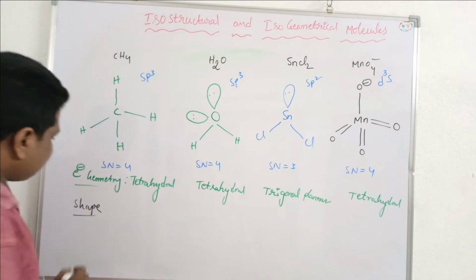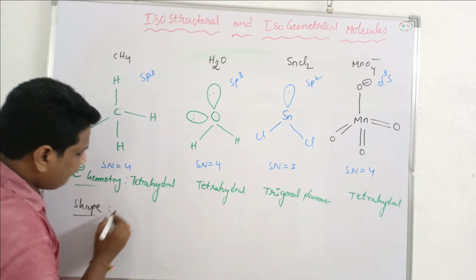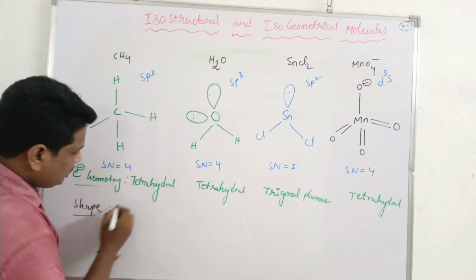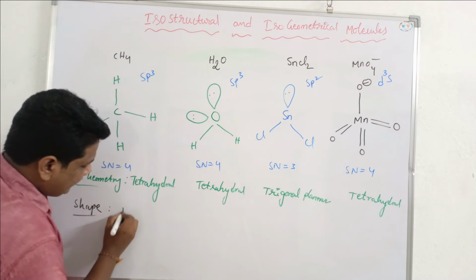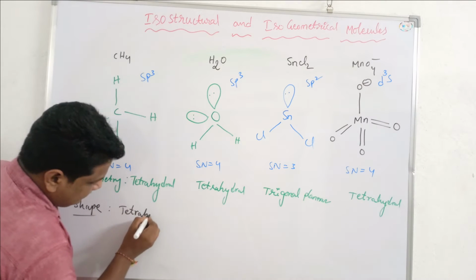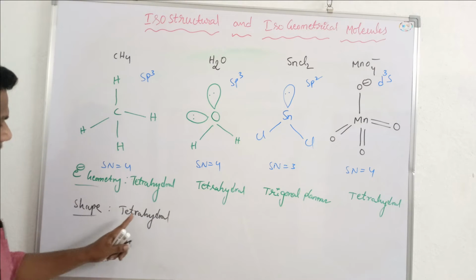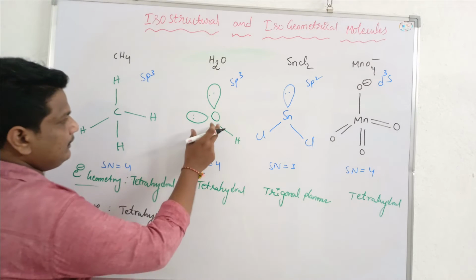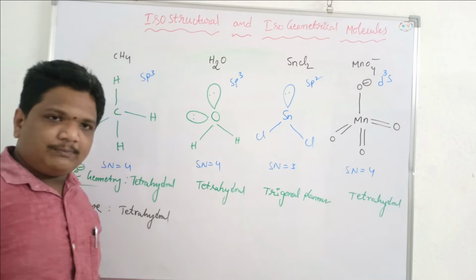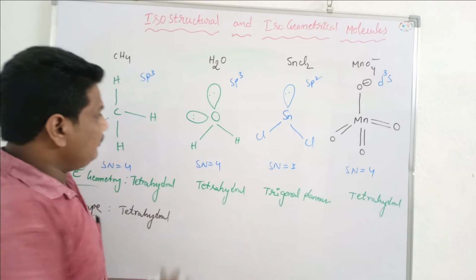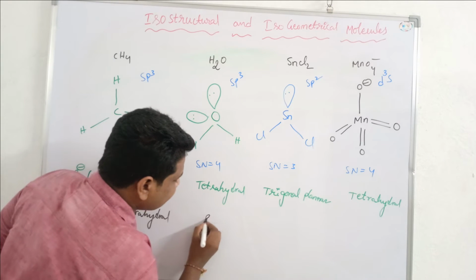In the case of structure or shape, methane has the same as its electronic geometry. There is no lone pair, so it has a tetrahedral structure. The water molecule has tetrahedral geometry, but due to the presence of lone pairs it has a bent shape.